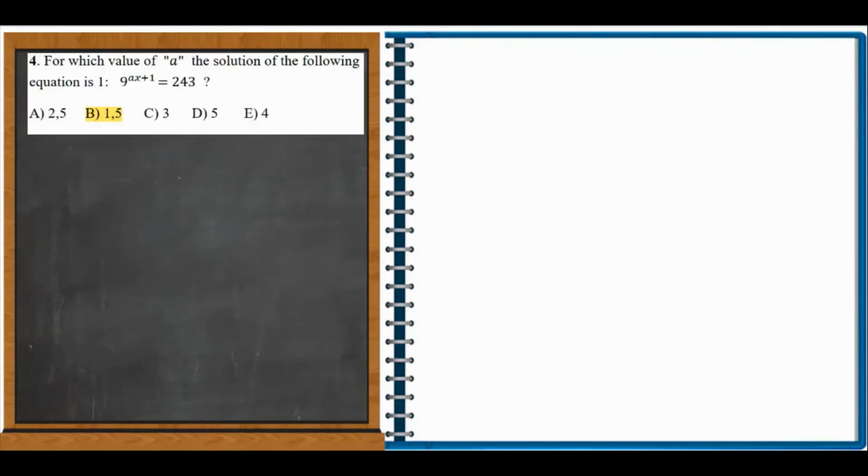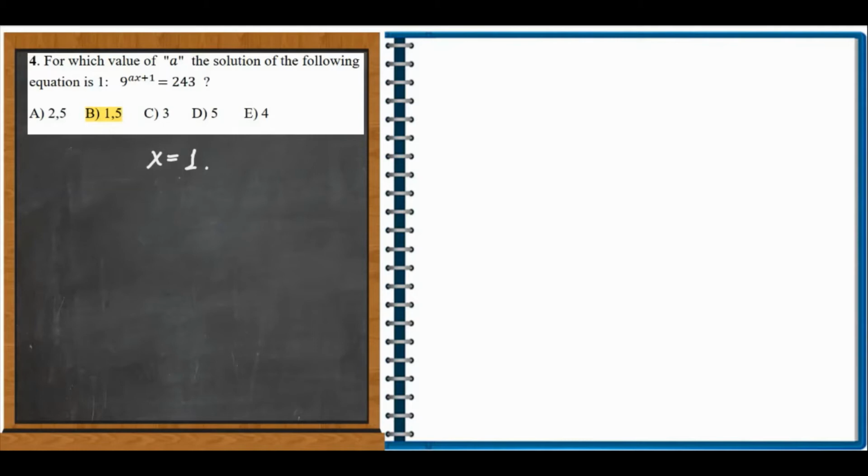Number 4. Number 4 is quite an easy question. Take a look at the question. Here we see that the equation has a solution, x equals 1. So that's the solution. What does solution mean? It means that when you plug this value instead of x, we will get a correct statement.